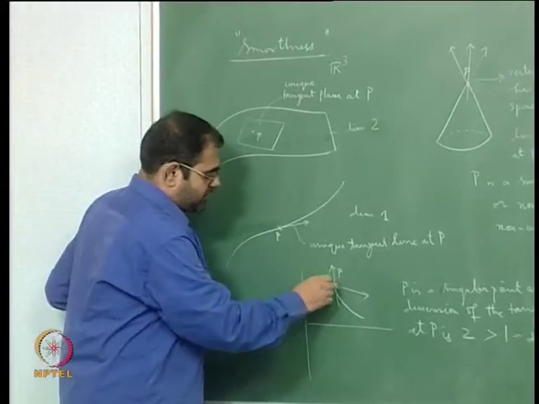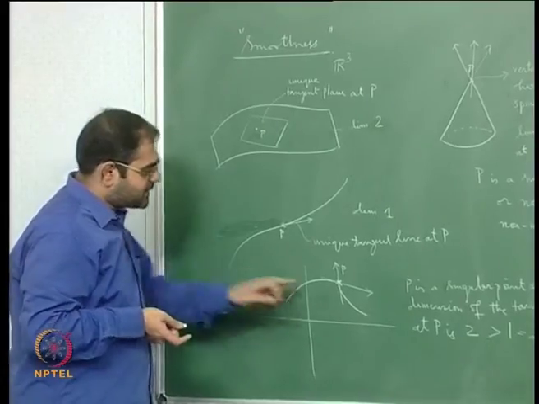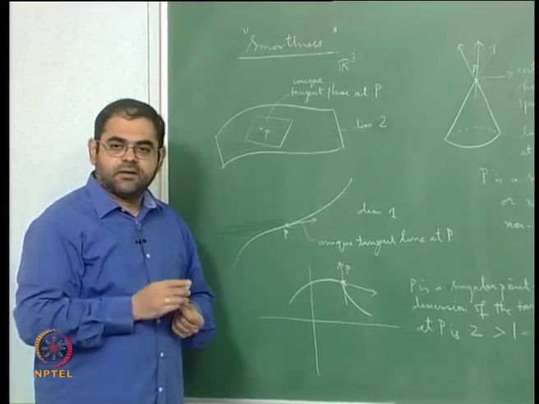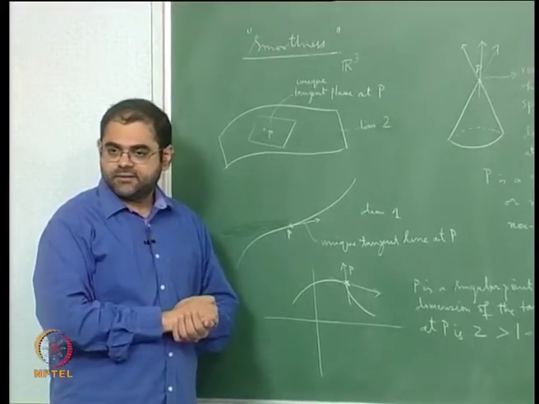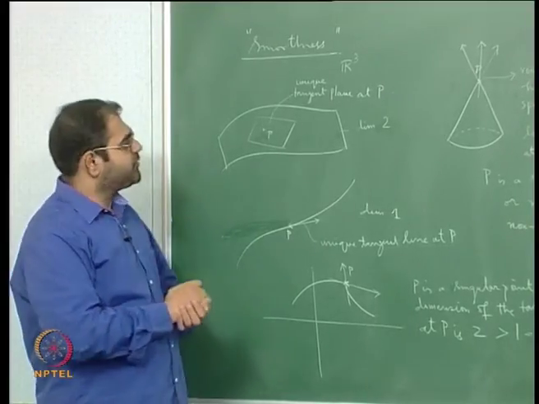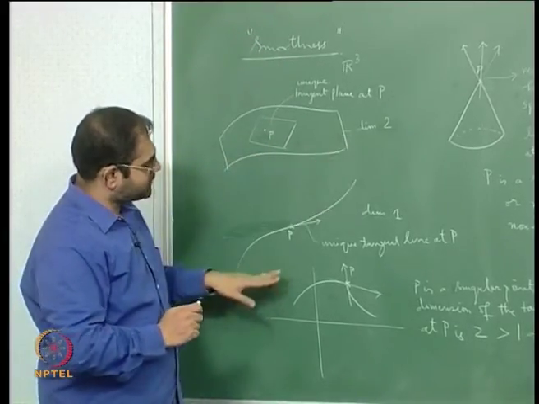So this is the curve on which the point is lying, the curve is one dimensional, okay, but the tangent space at that point is 2 dimensional. Where the tangent space dimension exceeds the dimension, these are the singular points, okay.